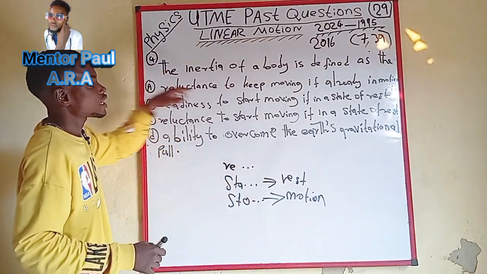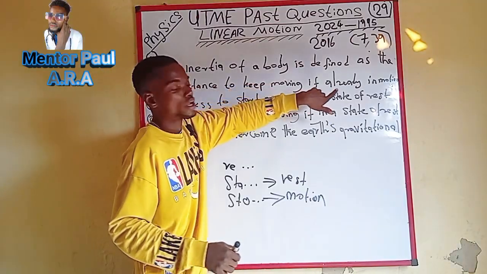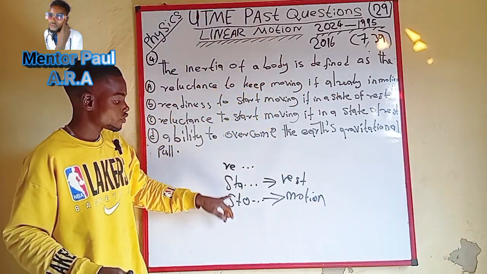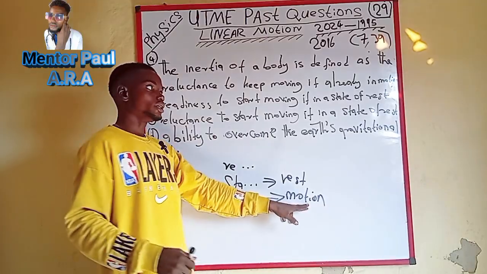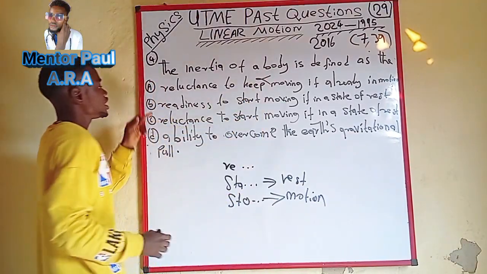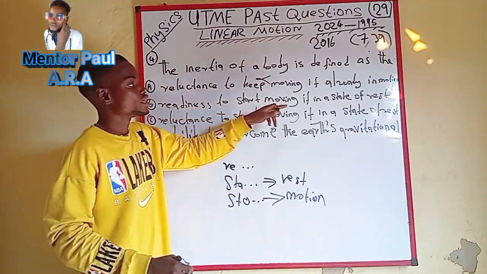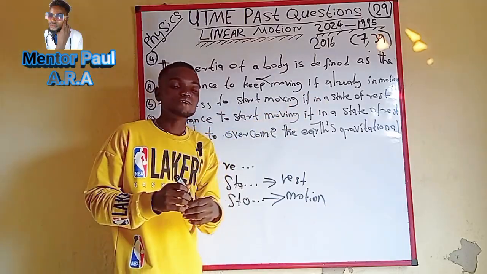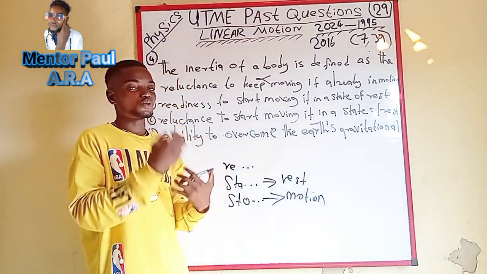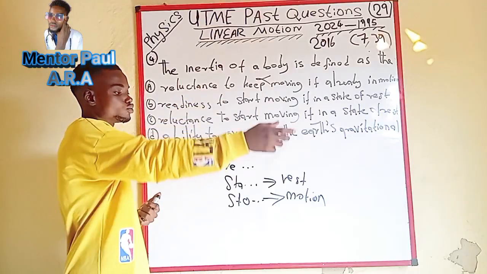Now, here we have reluctant to keep moving if already in motion, whereby we have stop moving if already in motion. So this is cancelled. Here we have readiness to start moving if in the state of rest. Readiness means something that is waiting, or the strength you have to just start moving.